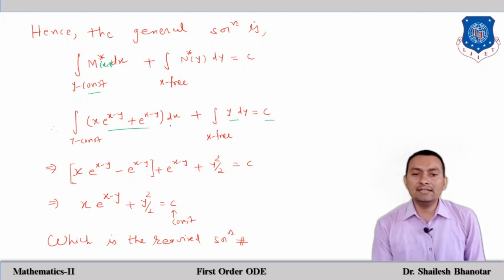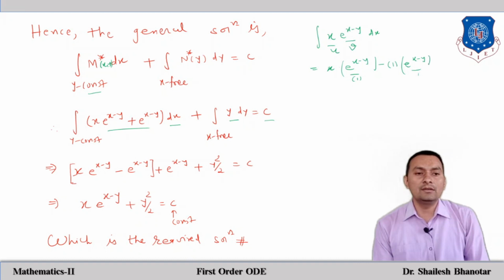Now just do the integration with respect to x. So we have the Leibniz rule, which I am going to mention here: x times e raised to x minus y dx. I am going to consider this as u and this as v. First u is there, and the integration of this with respect to x is going to be e raised to x minus y divided by 1, minus the derivative of x, which is nothing but 1, and then again the integration with respect to x, which is going to be the same as written over here.